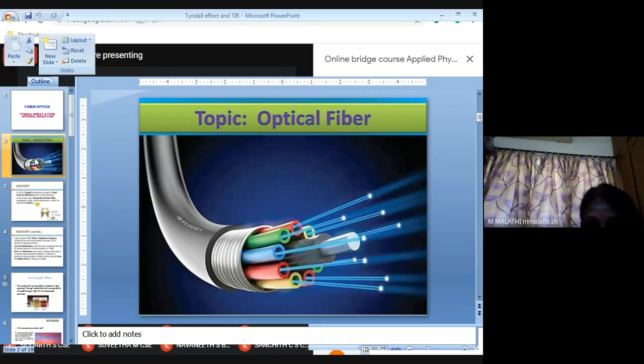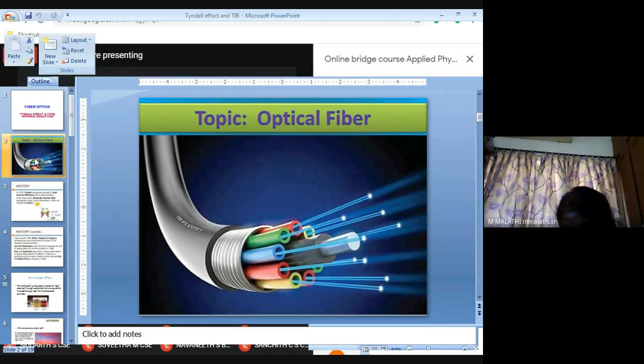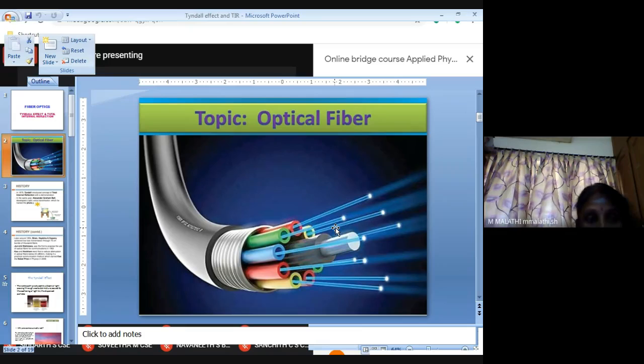This is the optical fiber cable. Inside the black polyurethane outer jacket, a lot of fiber optic cables are there. That glass needle in this picture is the optical fiber.